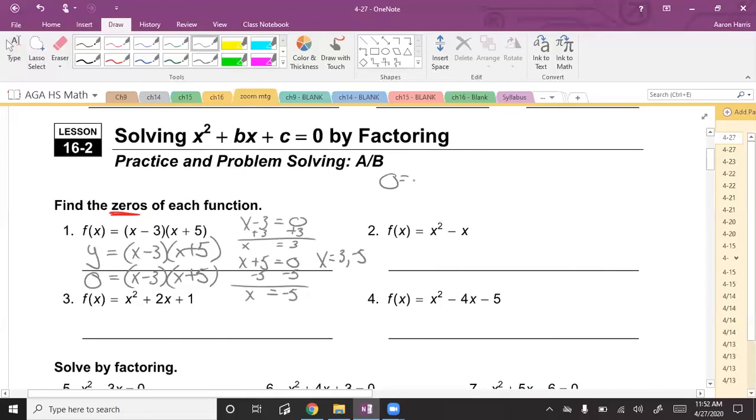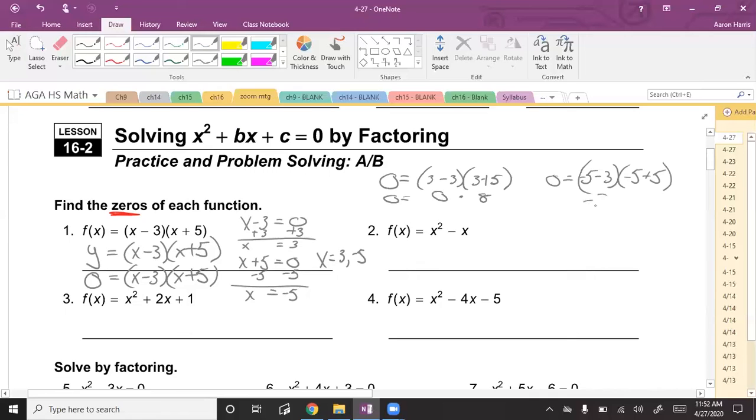So 0 is equal to 3 minus 3 times 3 plus 5. 3 minus 3 is 0. This is 8. 0 times 8 is what? 0. Yes, it checks.